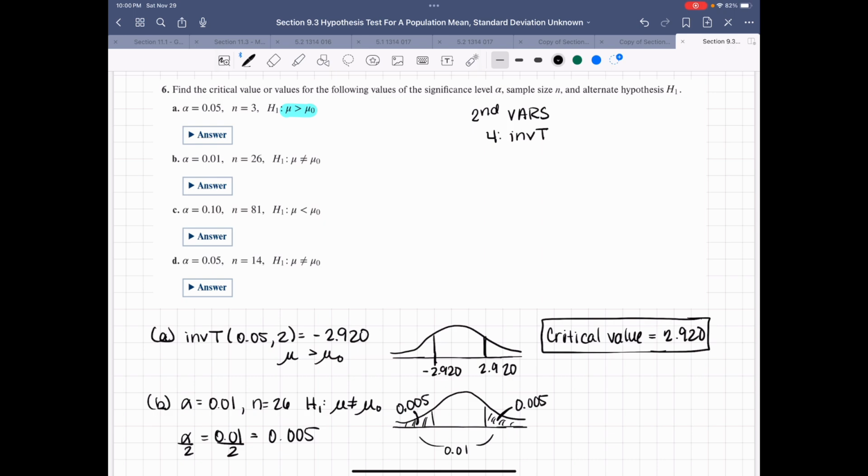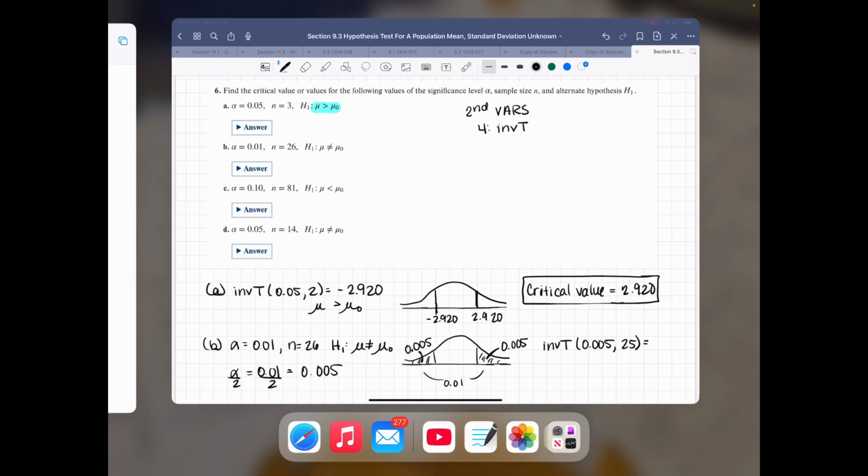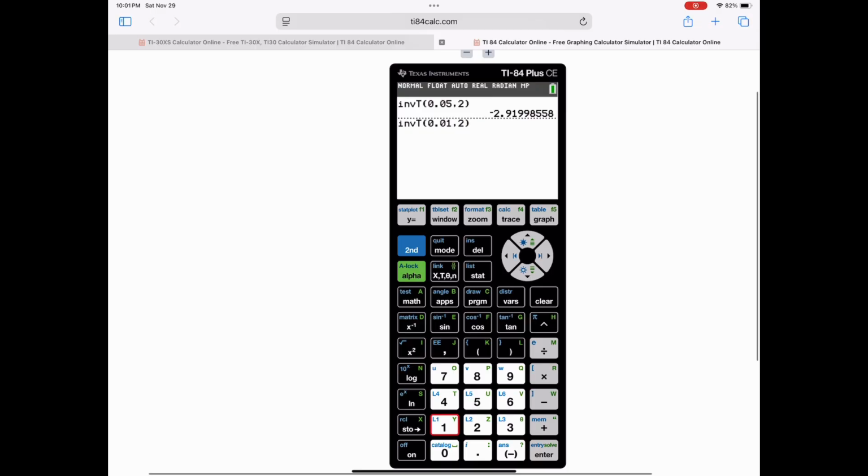Okay? So that means I'm actually finding the inverse t of 0.005, comma 25. Okay? Now, remember, this is just going to give me one of them. If it's the negative, it's the left. So I'm going to go over here.